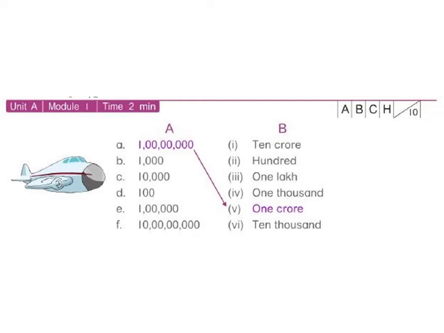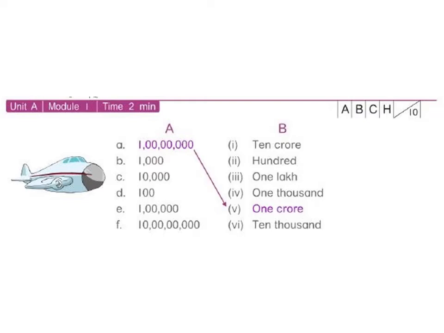See, here you have to match the elements of table A to the elements of table B. The first one is done for you. See, there are 1, 2, 3, 4, 5, 6, 7 zeros after 1. The first comma, second comma, third comma, there are 3 commas. So it will be 1 crore. Number B, it is clearly 1000.